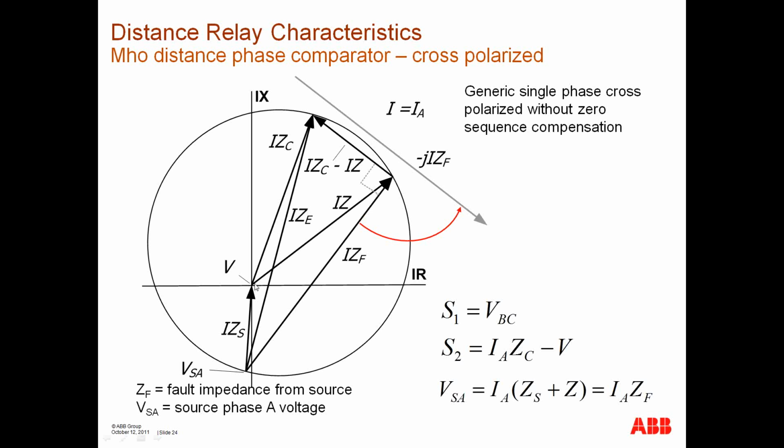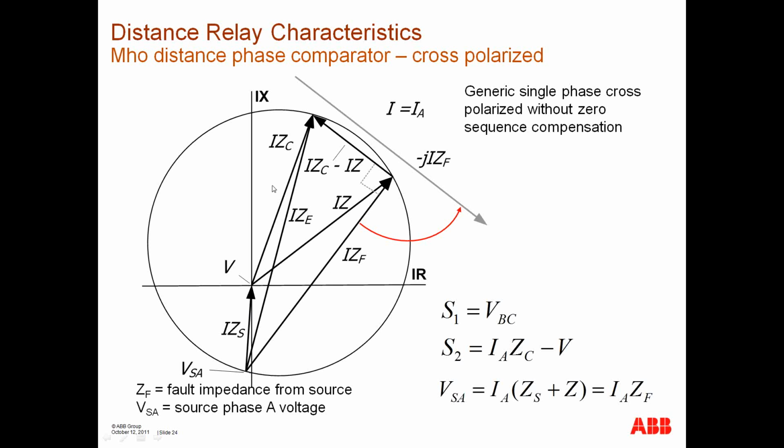But if you look at the healthy phase, for example, for a phase A to ground fault, you look at phase BC, the voltage should reflect what the source voltage is, except for any voltage drop due to load. In this manner, you can include the source impedance into the fault calculation, where this quantity right here is the fault voltage.